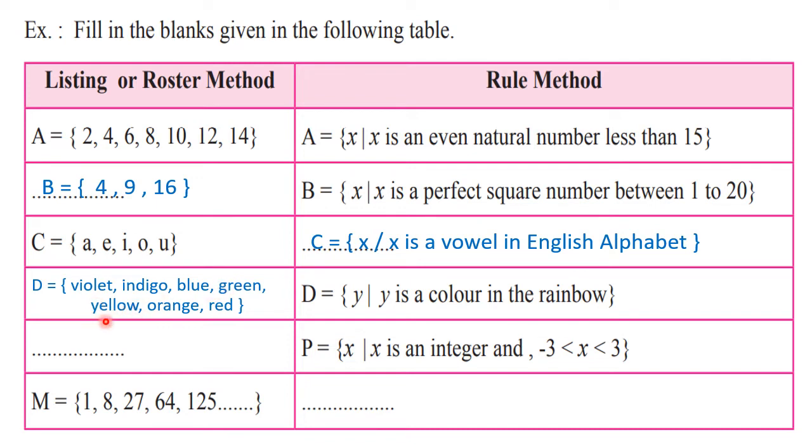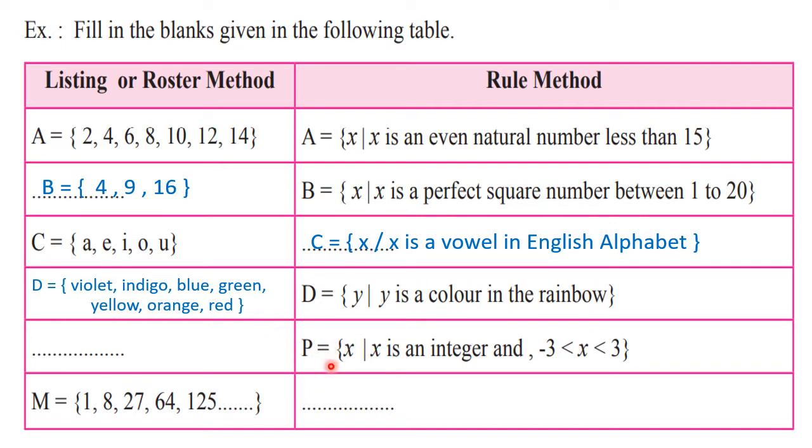Y stands for yellow. O stands for orange. And R stands for red. So with the help of the first letter, you can keep that compact word in mind and you can write down all the 7 colors of rainbow as violet, indigo, blue, green, yellow, orange and red. So these are the 7 elements of this set.